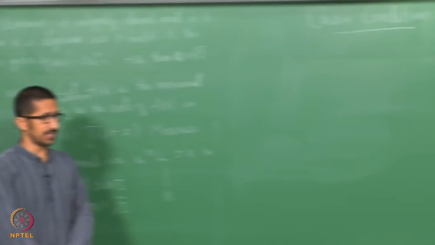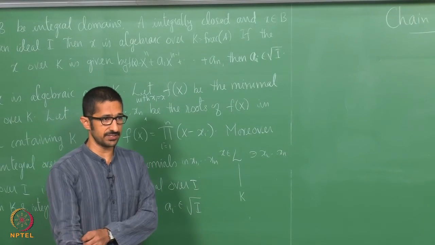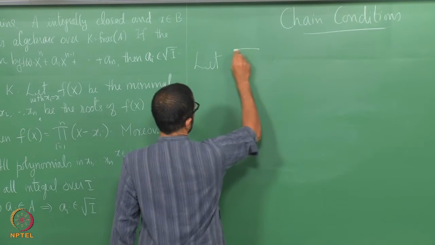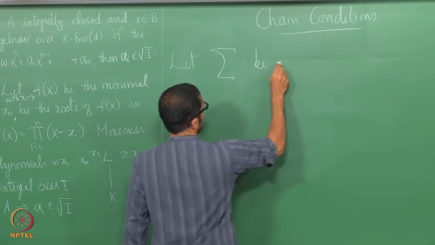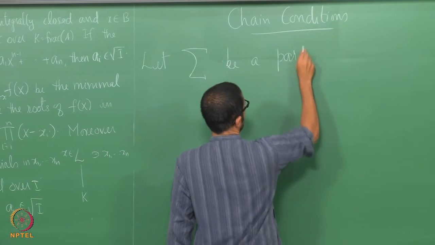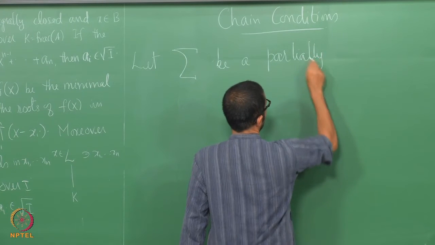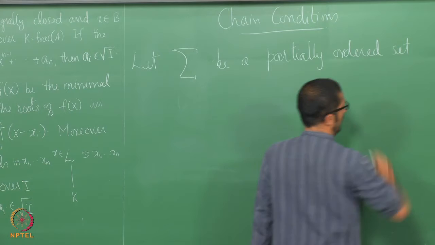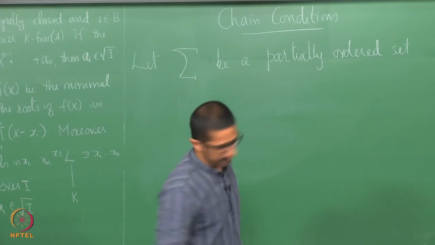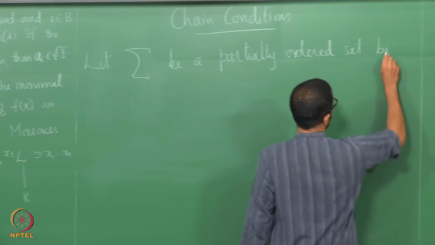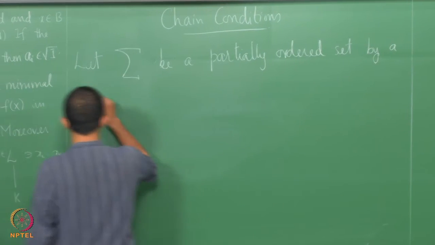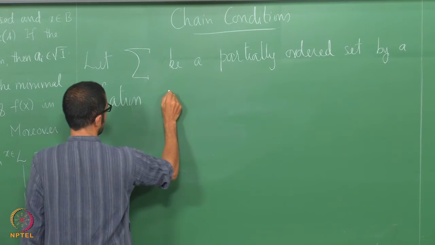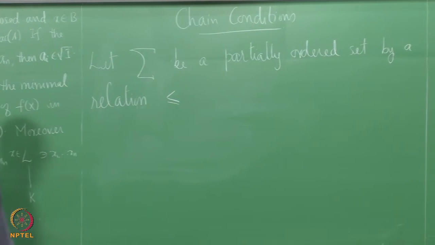So now let us study what are called chain conditions. Let sigma be a partially ordered set, partially ordered by a relation, which I will denote by less than or equal to.